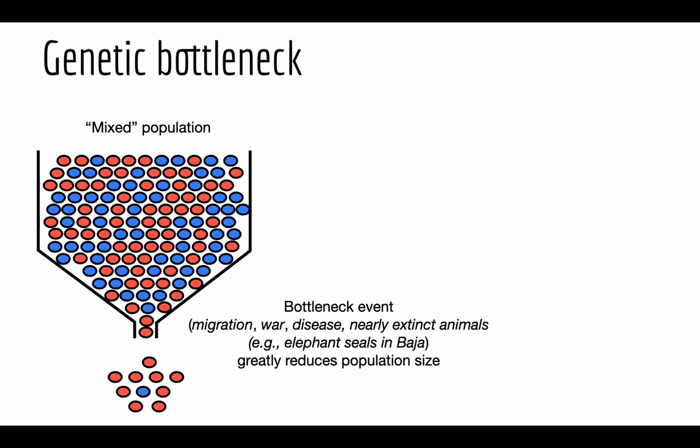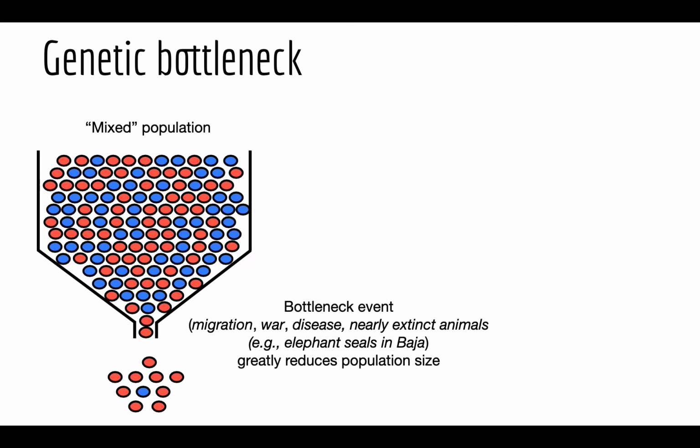And in that bottleneck, if it's a random process of who chose to leave, those people don't know whether they have a C or a T allele, right? It's just a group of people that are like, we've had enough. And in that population, it might be a very skewed ratio of T to C alleles versus what was in the larger founding population.